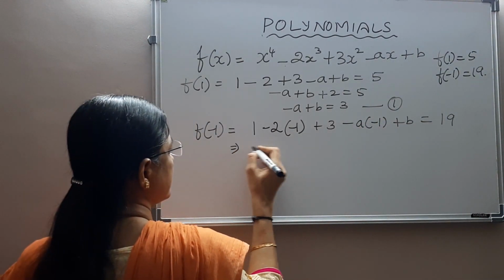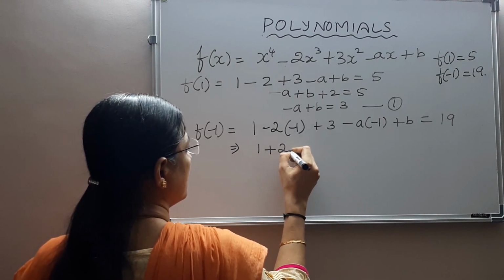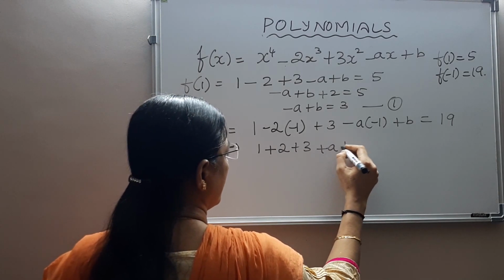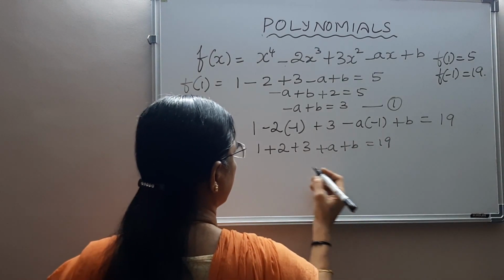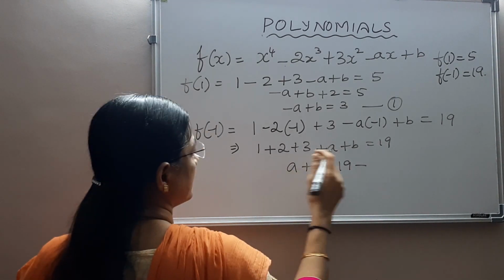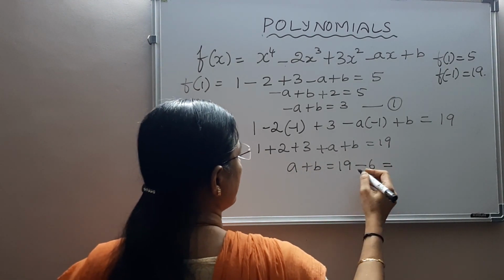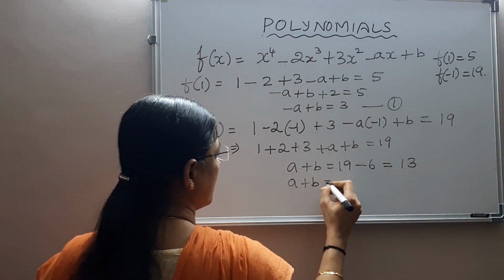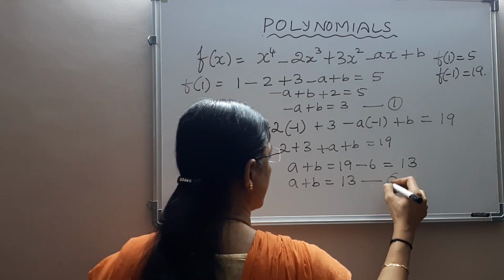Okay, now let us solve. Minus 2 into minus 1 is plus 2, plus 3, plus a plus b is equal to 19. Now a plus b is equal to 19 minus 6, which is 13. So a plus b is equal to 13 is my second equation.